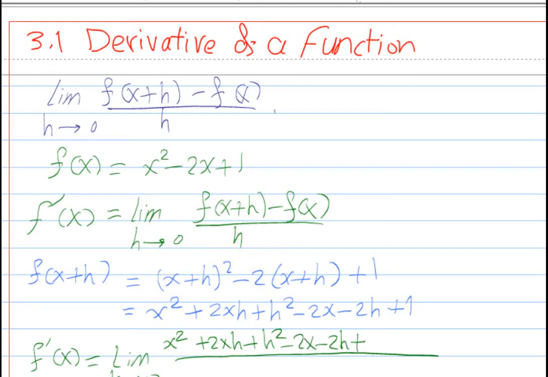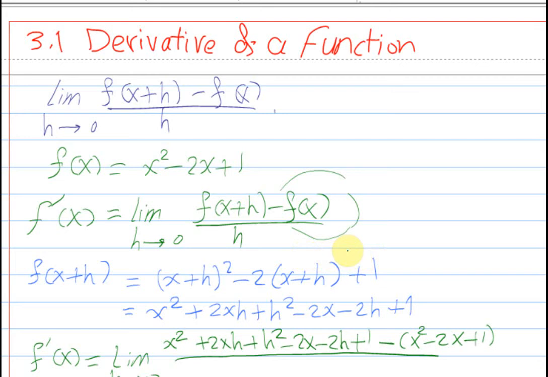This is f of x plus h. Minus, I want to put f of x here. What is the value of f of x? It is x squared minus 2x plus 1. Don't forget you have to put this bracket, otherwise you have to distribute the minus sign.